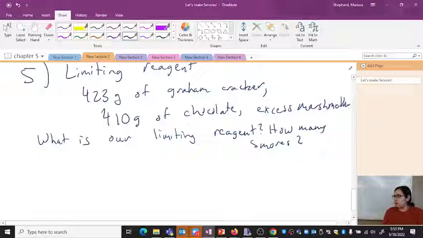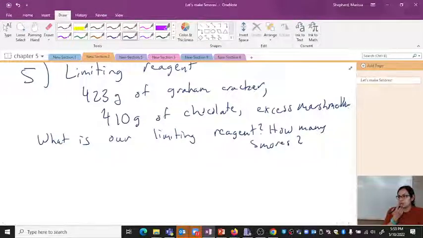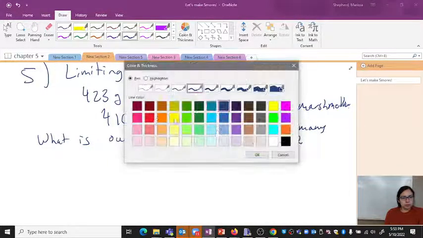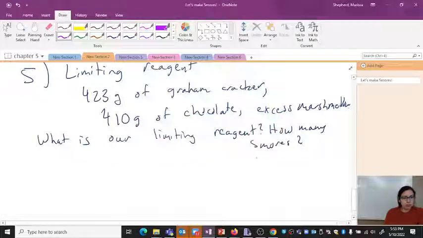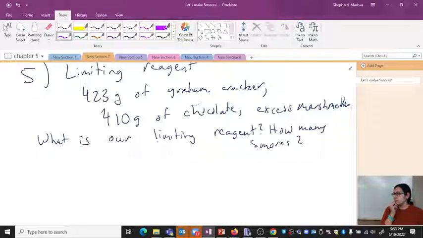Do we have an answer of who our limiting reagent is? So how should we start this problem? Yeah, figuring out how many moles we have of each. All right, let's do that.